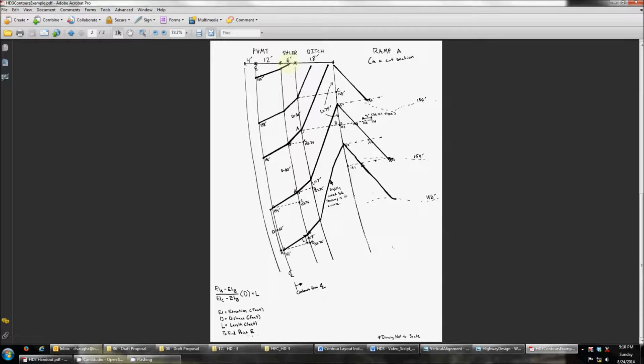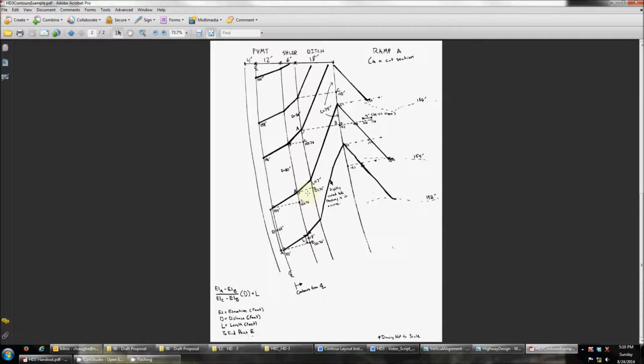For the sake of simplicity, let's refer to this as though it were NC 125 and this is an 8-foot shoulder. So the equation you would use to get, for instance, this 153.76, I think right here, which is going to be different for NC 125, is 8 feet times 0.04, which is your cross slope across that 8-foot shoulder, which is 0.32 feet.